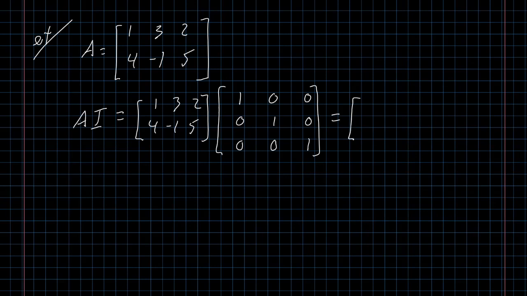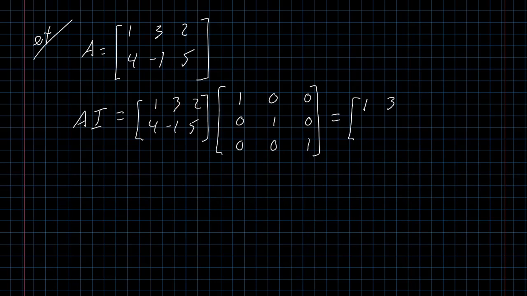First row, dot with first column. 1 times 1 is 1. 3 times 0 is 0. 2 times 0 is 0. Then first row, dot with second column. 1 times 0. 3 times 1. 2 times 0. There's a lot of 0 that goes on here. That's why this works out.